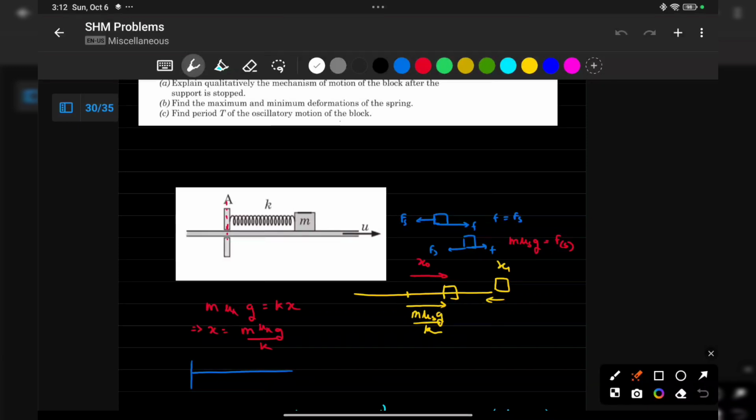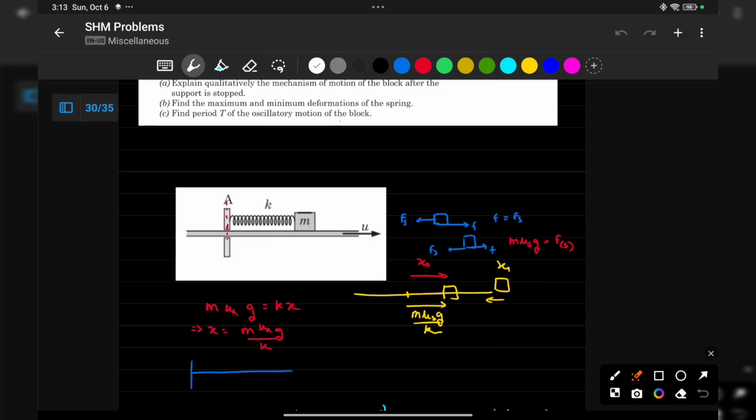the friction force suddenly decreases. Listen to my words carefully. The friction force suddenly decreased to mu k mg. That is the kinetic friction coefficient, mu k mg. That will be the sudden decreased force. Because the force suddenly decreases, what will happen after that?